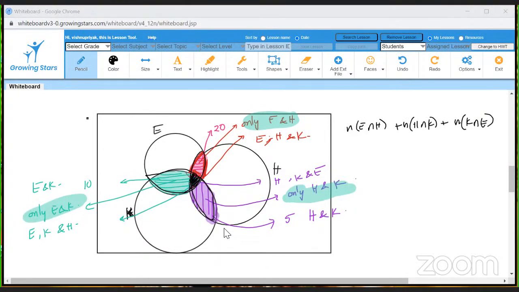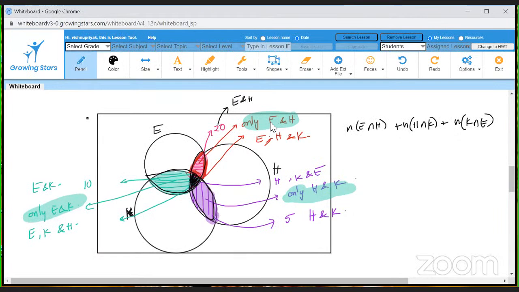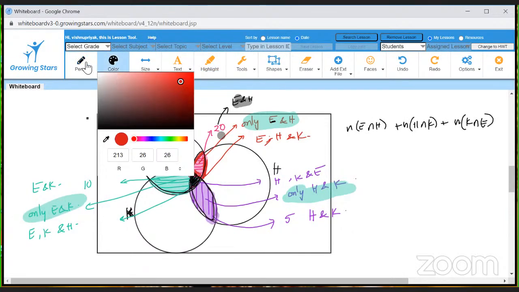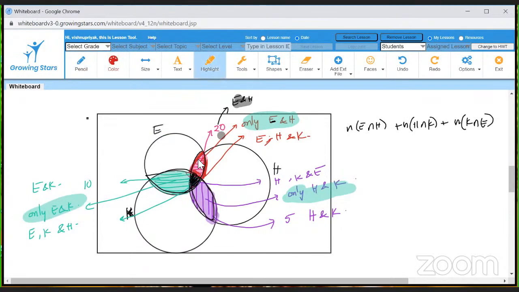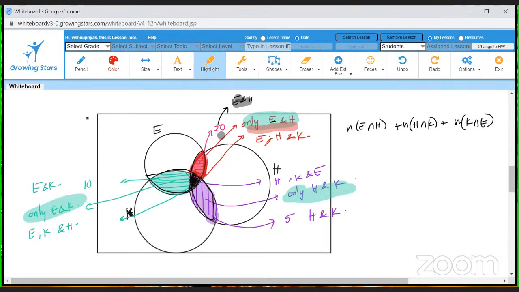First line, okay. First line, these 20 people speak English and Hindi. But this top shaded region is only Hindi, English. That is what I mean.